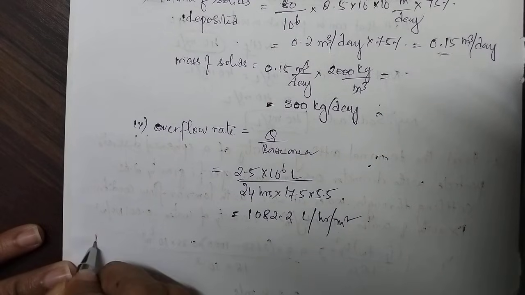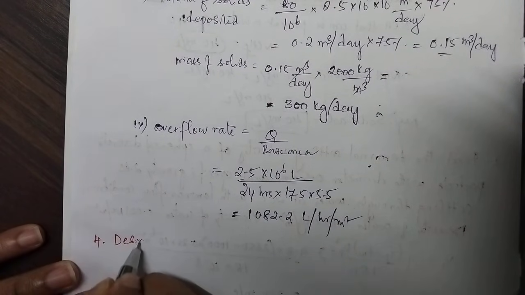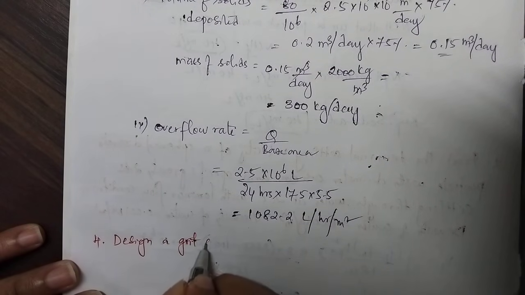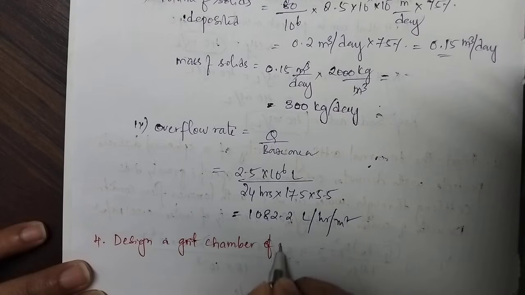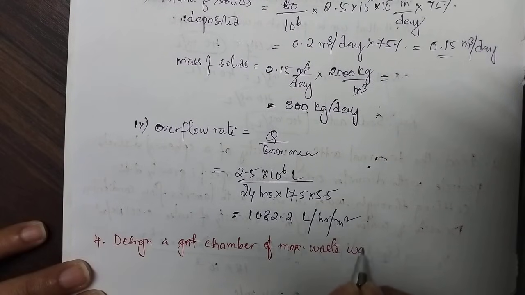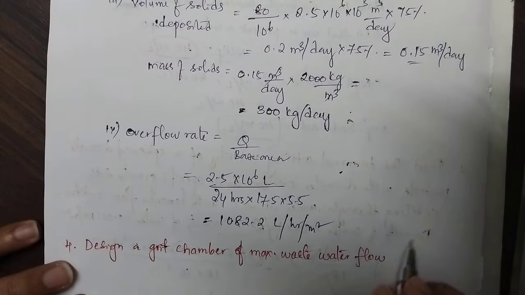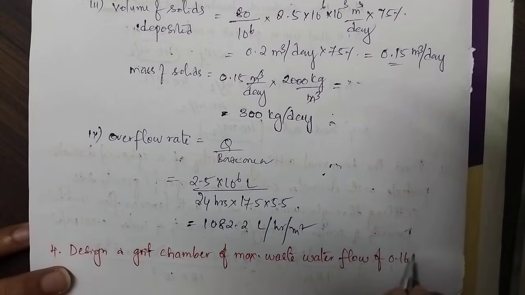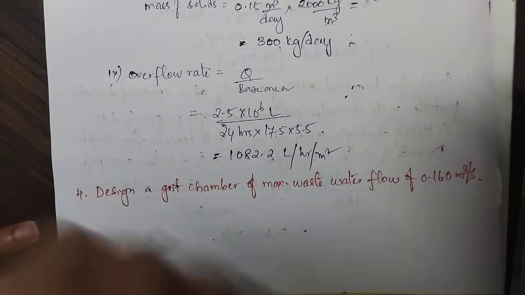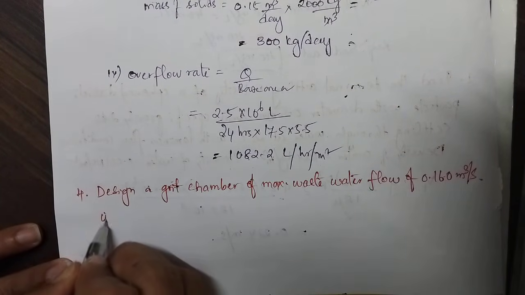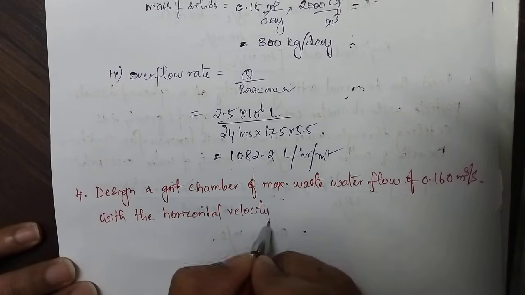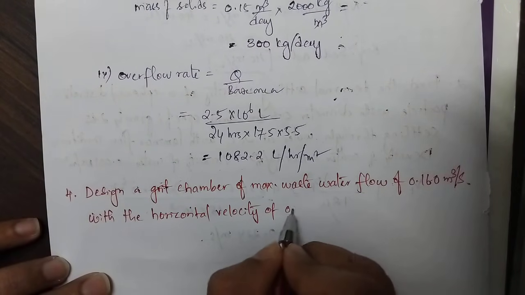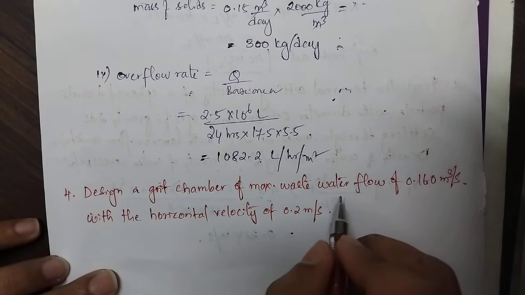The next problem is the grit chamber problem. Fourth question: design a grit chamber of maximum wastewater flow of 0.160 meter cube per second, with the horizontal velocity of 0.2 meters per second, and it is given as a depth.